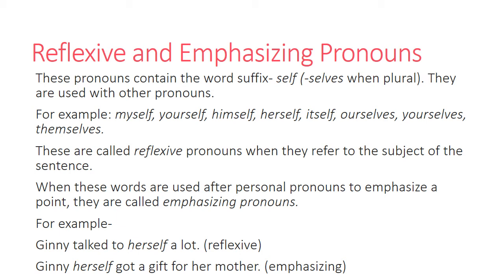These are called reflexive pronouns when they refer to the subject of the sentence. For example, Post looked at himself in the mirror. Here, himself is related to the subject, Post. The dog scratched itself. Here, itself, the pronoun, is reflecting to the dog.